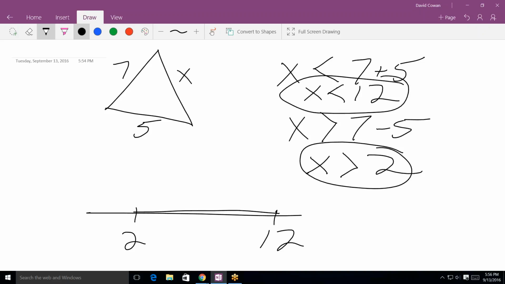The theorem says any side of a triangle has to be less than the sum of the other two sides, and the rest of the theorem is just the reverse. If it's less than the sum of the other two sides, the reverse of that is greater than the difference of the other two sides.